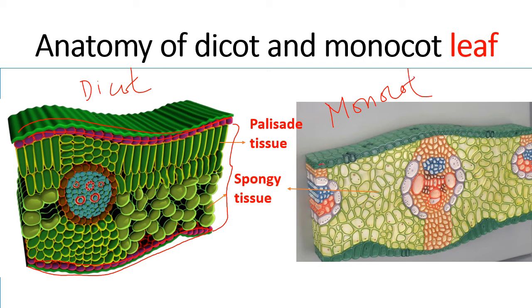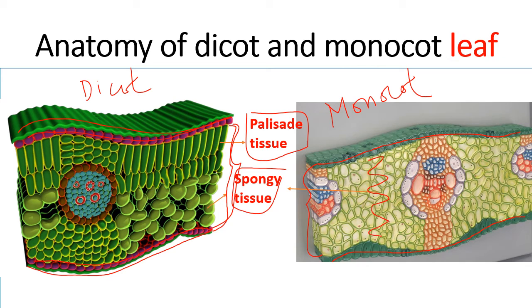Similarly, if you look here in monocot leaf, you will get upper epidermis, this layer. You will get lower epidermis, this layer. You can see mesophyll tissue here, but such type of tissue differentiation into palisade tissue and spongy tissue is completely absent.